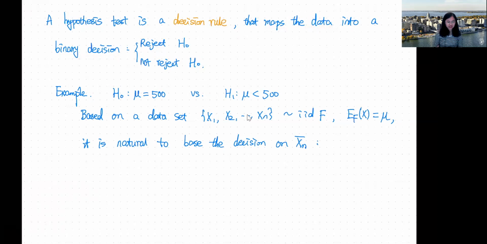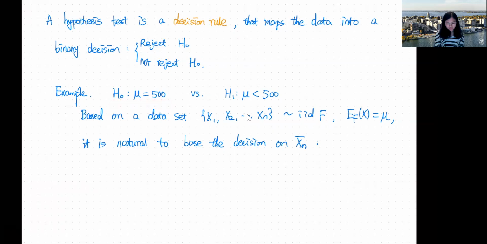Now, to fix ideas, let's consider an example, the example of the battery runtime. In the battery runtime example, the null hypothesis is expected runtime mu equals 500. So that is the company's claim, and we set it as the null hypothesis because that is the hypothesis we want to give the benefit of doubt, and because this is a simple hypothesis.